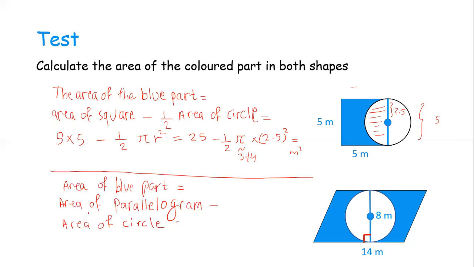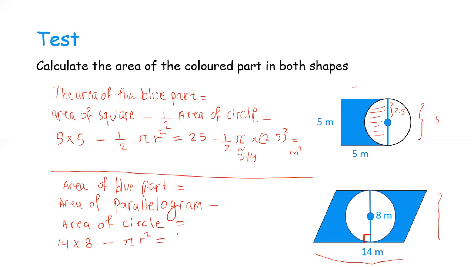So the area of the parallelogram equals the length of the base of the parallelogram, which is 14, multiplied by the height of the parallelogram, which is 8. So we will have area of parallelogram is equal to 14 multiplied by 8 minus the area of the circle, which is π multiplied by r squared.